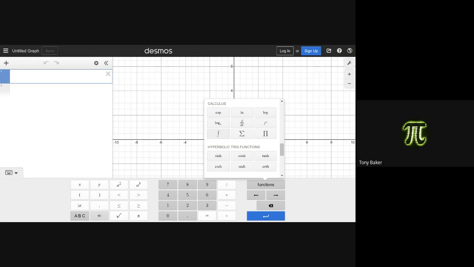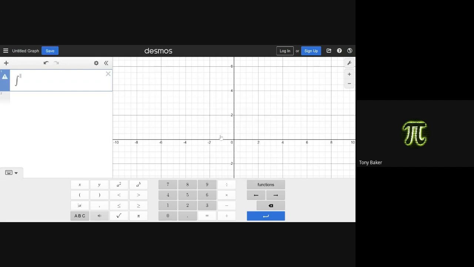It is infinitely easier on a computer. Oh yeah, you could just type in integral. So now we're going to do 0 to 1. Hit the square root, 36 plus, and put it next to the one.